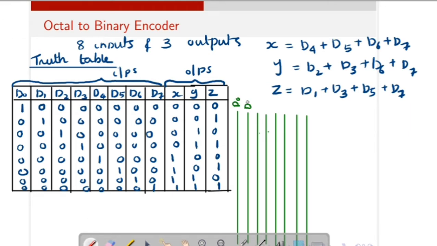Next we can mark the inputs, D0 to D7. Okay, these are the inputs. Then x is equal to, we can take the inputs D4, D5, D6 and D7, or these terms.